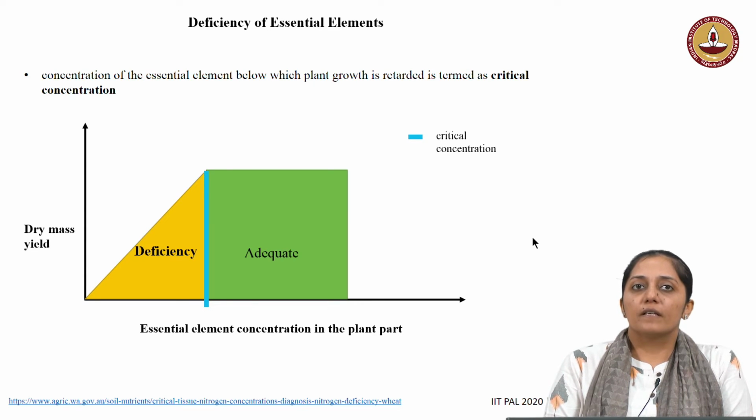To define critical concentration, it is the concentration of the essential element below which the plant growth is retarded. And below this concentration is what is called the deficiency of the essential element.